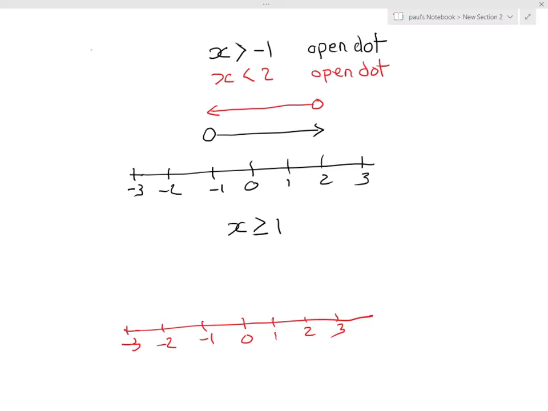So we put the dot, which this time is a closed dot, and we put that above the number 1 there, and the closed dot just means we fill it in. Now x has a value of everything bigger than or equal to 1, so it's that way.